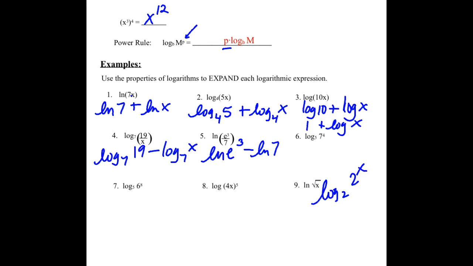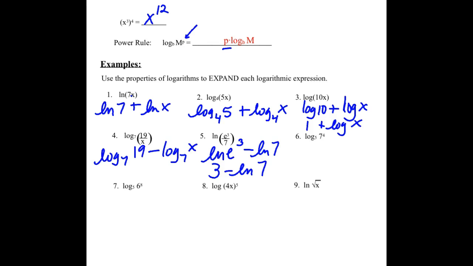The 2's match, so they cancel each other out. We get the x. So here we have log base e of e to the 3rd, which simplifies down to a 3. So again, if it can be simplified, you are expected to do that. Now, we can't simplify the natural log of 7 because we don't know e to what power gives us a 7. That's not a nice, easy answer.